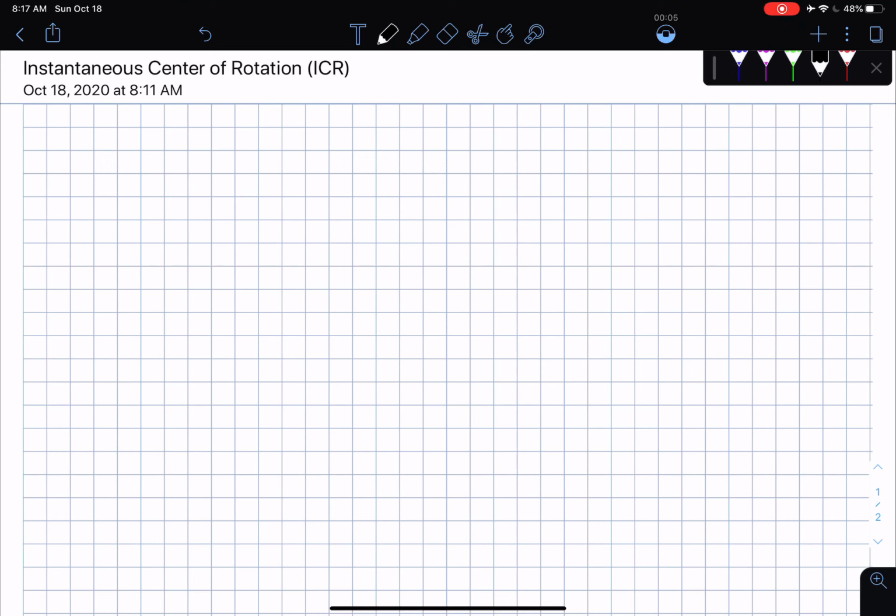So, we're going to be looking at the idea of an instantaneous center of rotation today, and this is a concept that is used to perform velocity analysis of rigid bodies. Okay, so let me write that down. Instantaneous center of rotation, or this is called ICR.